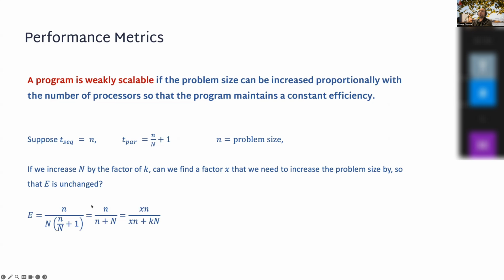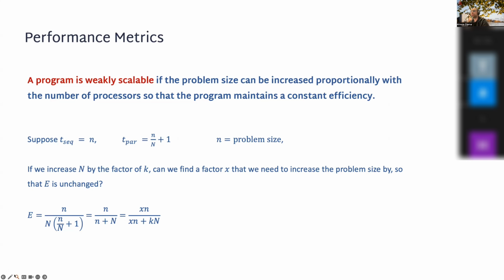And it is easy to compute. We can compute the efficiency using the efficiency equation: the time taken by the sequential program divided by the number of cores times the time taken by the parallel program, right? If you simplify, this is your efficiency.